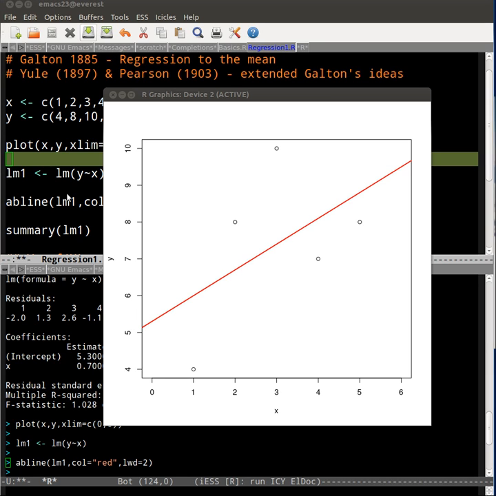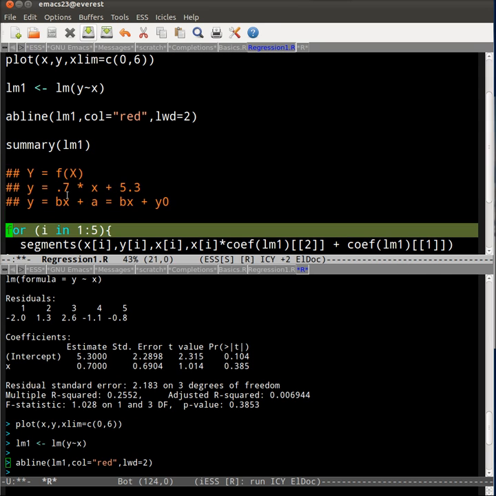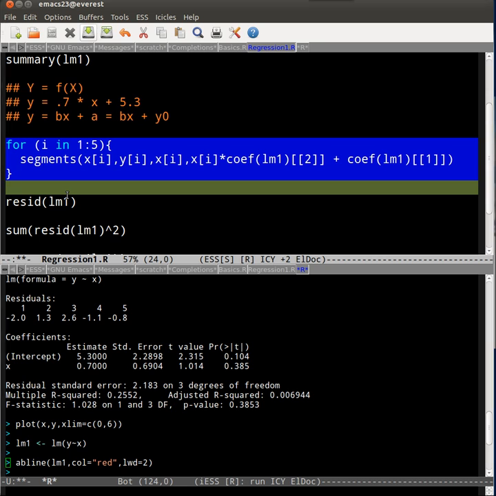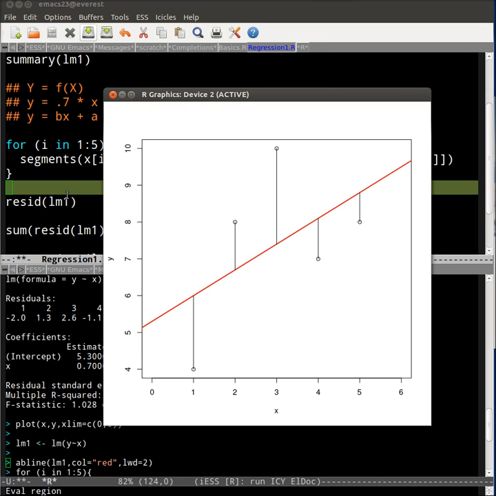So first let's talk about what the residuals are. And I've got this fancy little bit of code here. I just did a quick for loop, and you're going to see what it does is it draws these little lines. Each one of these lines represents the length of the residual. So it's the distance in the y value that the observed value deviates from the expected value.